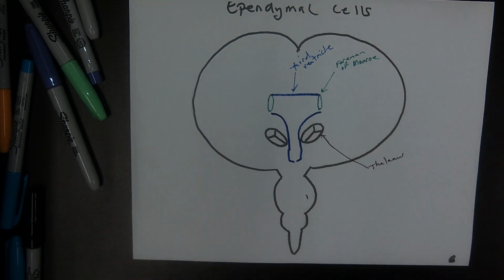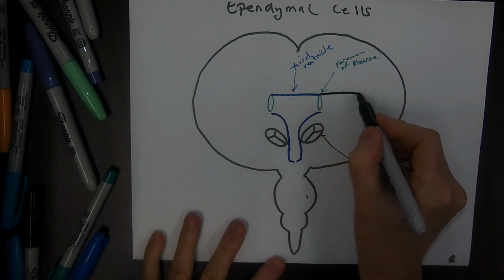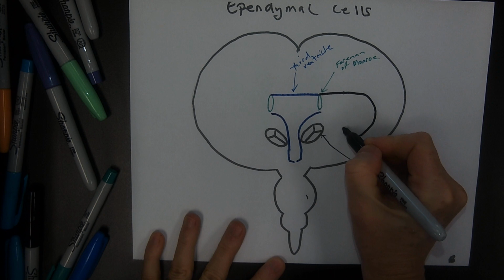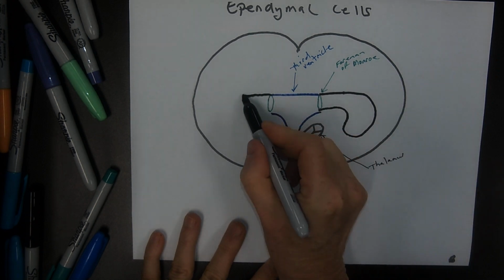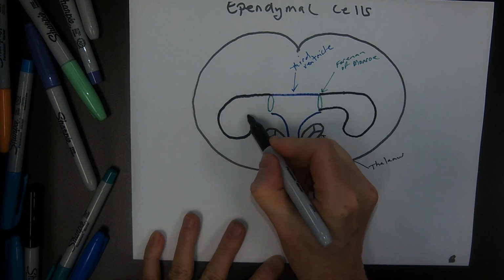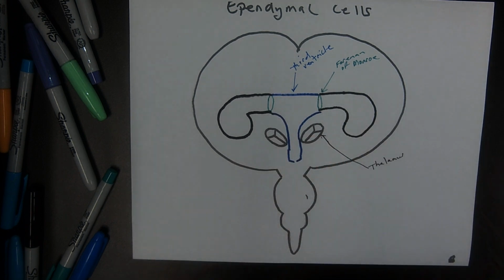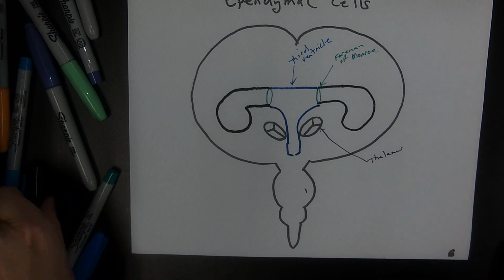Foramen of Monroe is going to be on the very top, and its job is going to be to connect third ventricle to your lateral ventricles. I'll just draw those out here. Okay, so third ventricle, pair of lateral ventricles on the side.